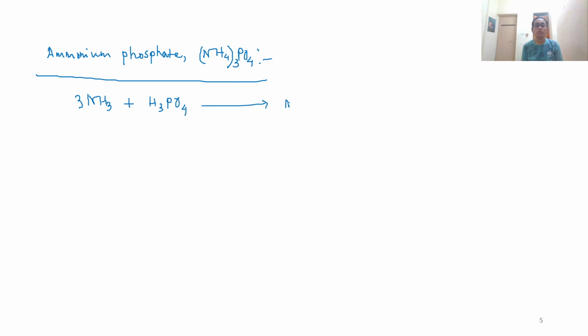Ammonium phosphate, (NH4)3PO4, is produced by a simple acid base reaction: 3NH3 plus H3PO4 gives (NH4)3PO4. Right?